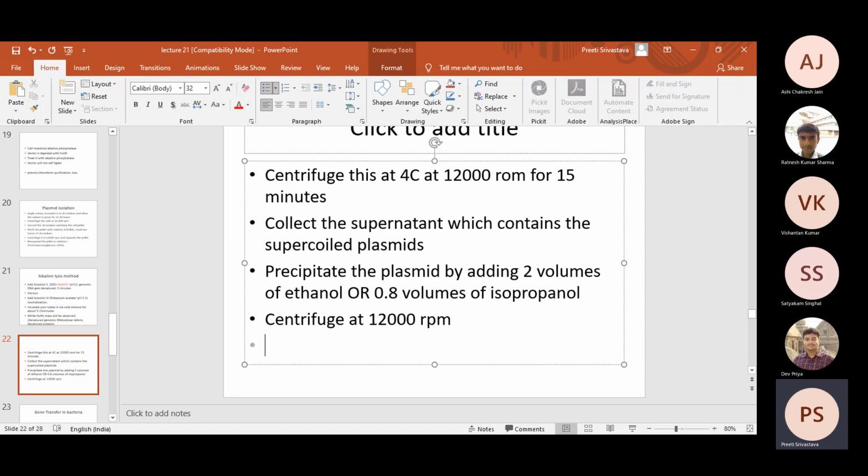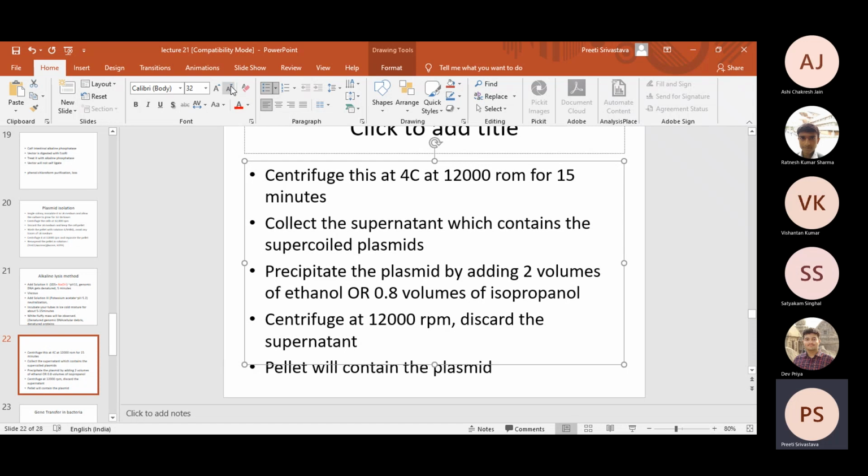And then what you will find is that the pellet will contain the plasmid. So you will discard the supernatant, and the pellet will contain the plasmid, right?